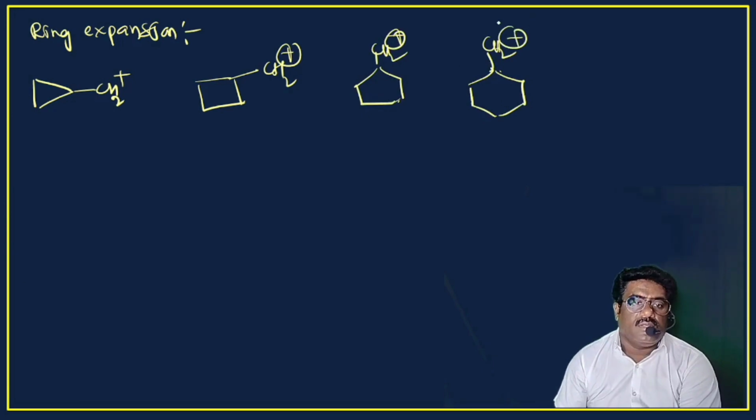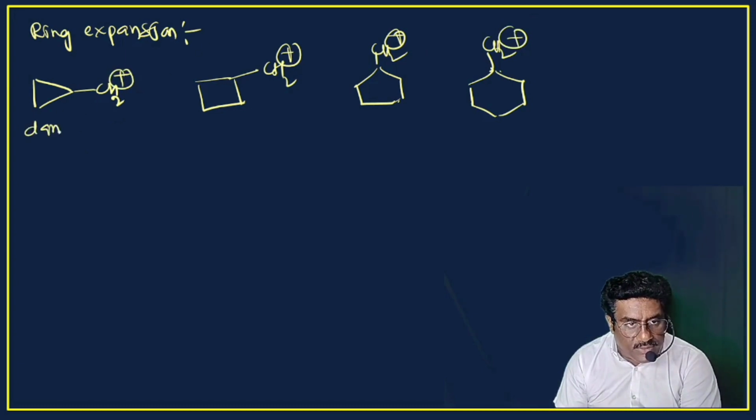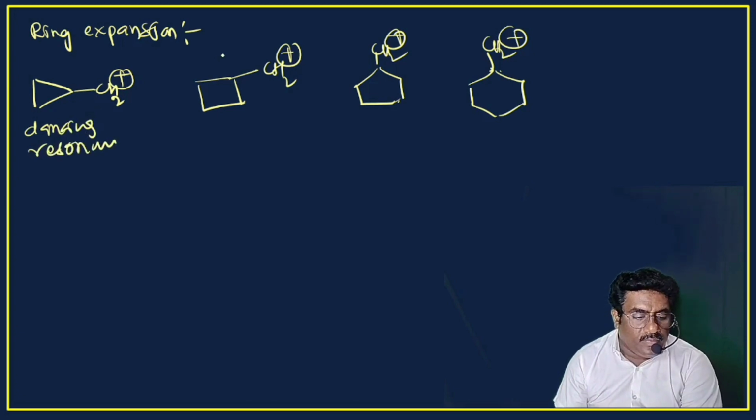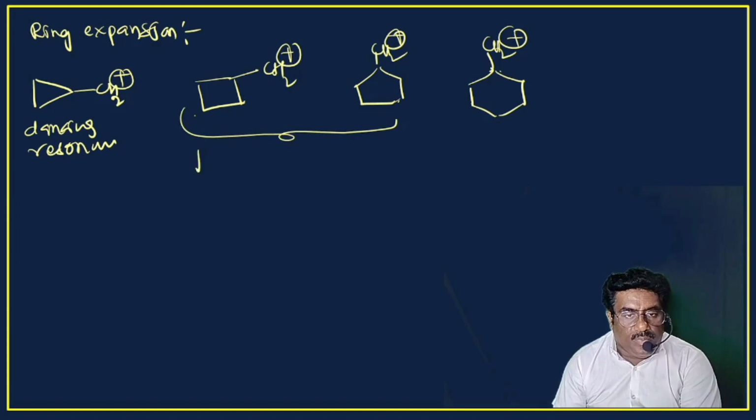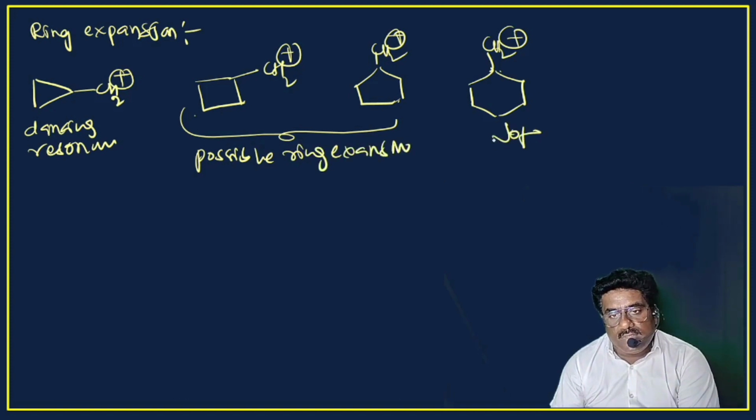In the 3-membered cyclic ring, it has dancing resonance, so it does not expand; expansion is not possible. In the 4-membered and 5-membered rings, ring expansion is possible. Here, a 6-membered ring is not possible.